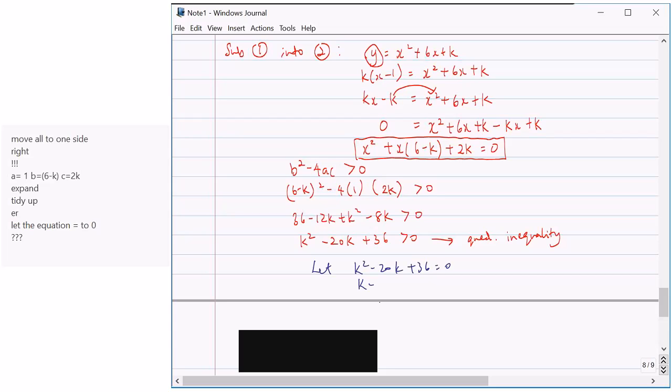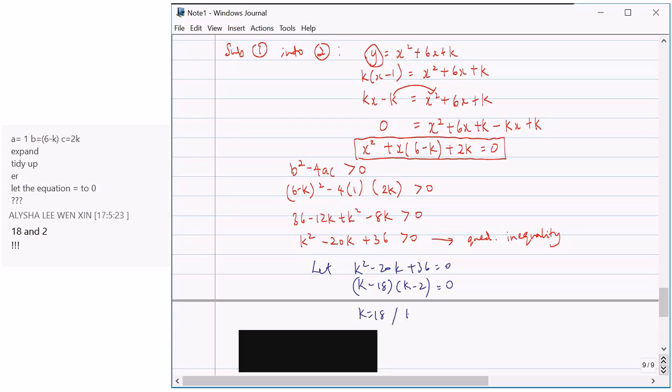K minus... What are the factors of 36? Did I copy anything wrong? 12 and 3, 9 and 4, 18 and 2. Oh, thank you so much. Okay, so I got the two roots. K is 18, K is 2.